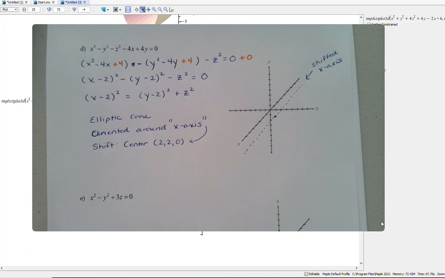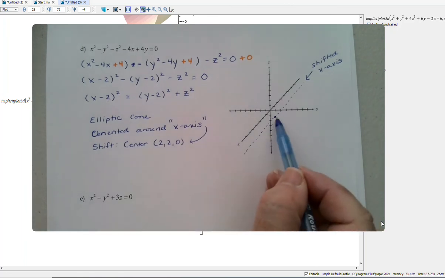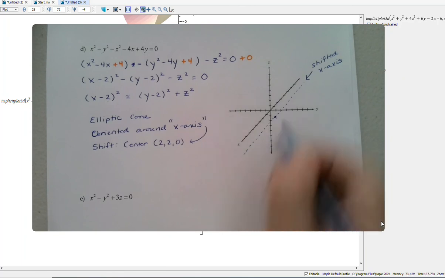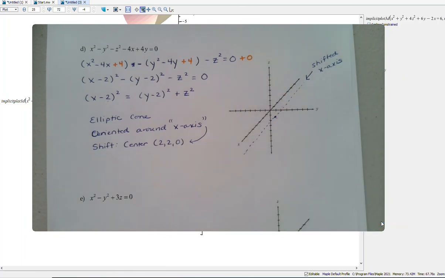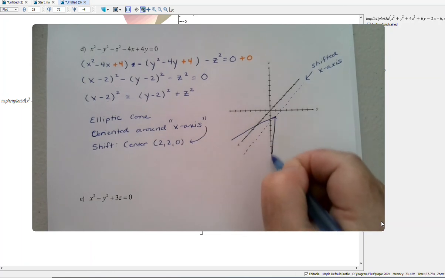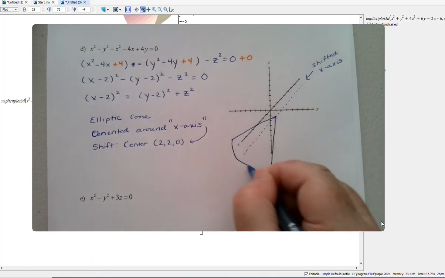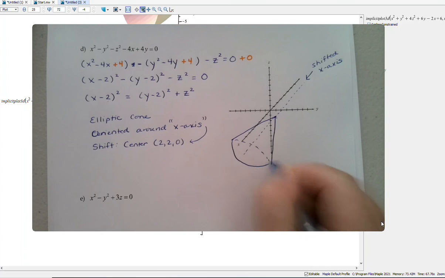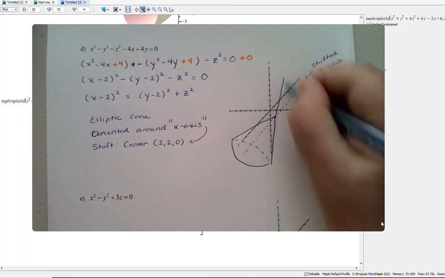And then I want to draw my cone. Center goes right there, the vertex. And there's going to be one piece of the cone coming out this way, and the other piece will go back that way. Cones are actually double cones. So this piece will come out like this. And then there'll be a piece that goes back like that.